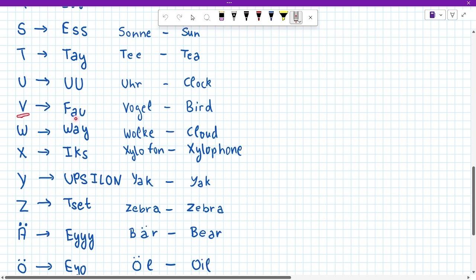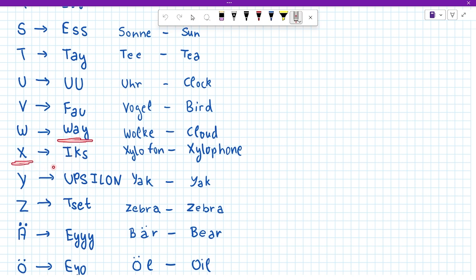V is pronounced as Pow. W is pronounced as Way. X, once again, X. Y is a little bit awkward. Y is pronounced as Upsilon. I know it's a handful, but that's what it is.